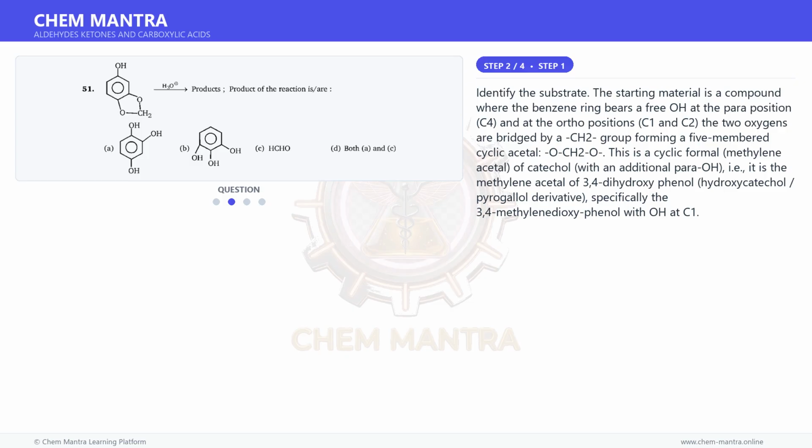Moving on to the next step. Identify the substrate. The starting material is a compound where the benzene ring bears a free OH at the para position, C4, and at the ortho positions, C1 and C2, the two oxygens are bridged by a CH2 group forming a 5-membered cyclic acetal, OCH2O.